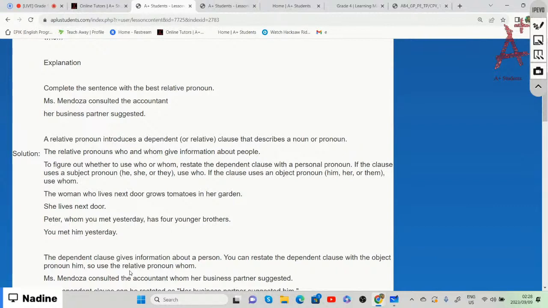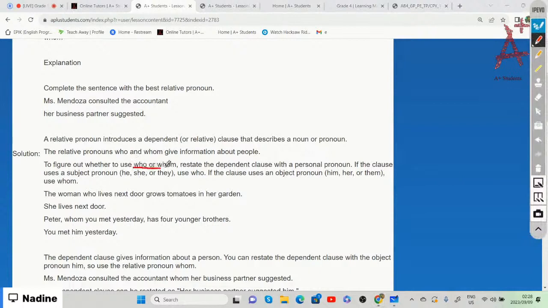And to figure out whether to use who or whom, we need to restate the dependent clause with a personal pronoun. And if the clause uses a subject pronoun such as he, she, or they, then we use who.